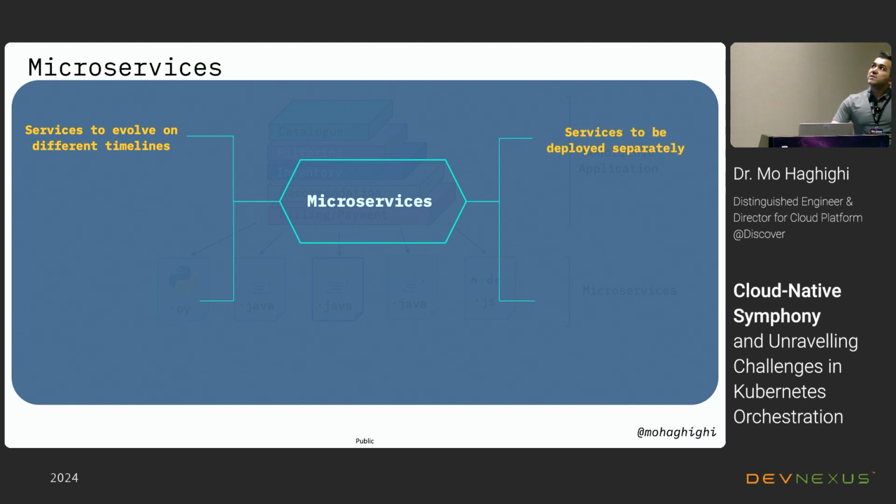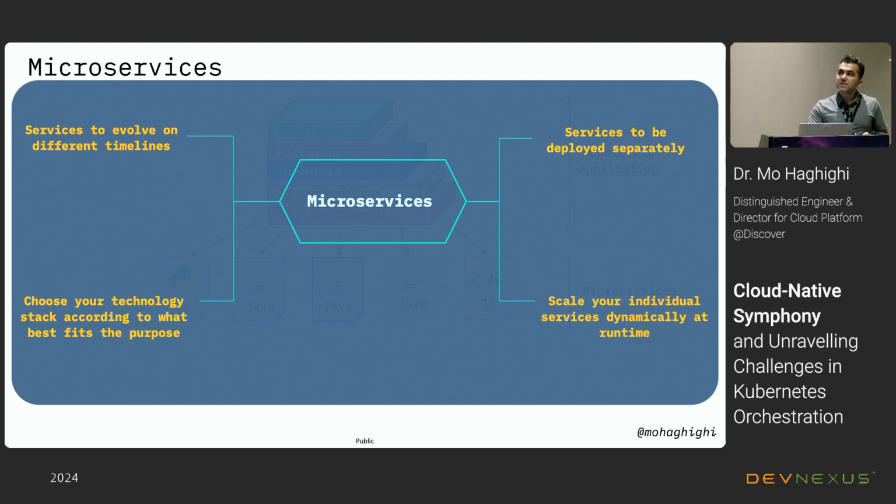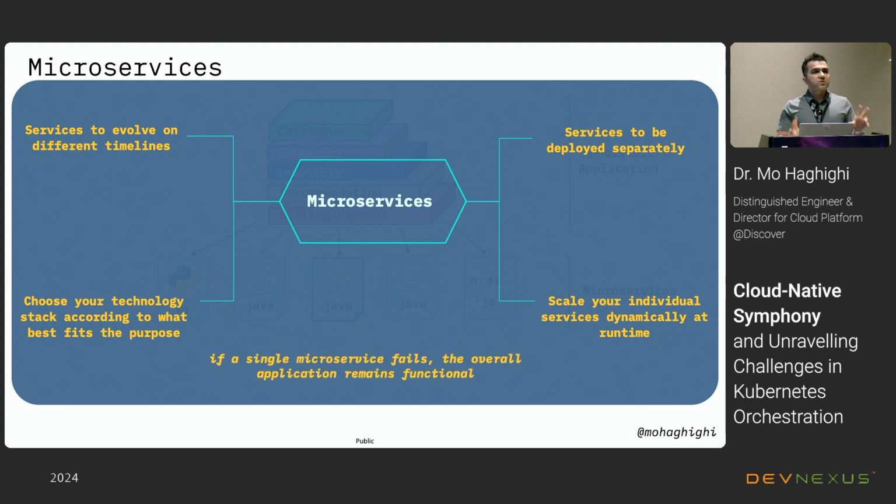Then services can be deployed separately. You can choose your technology stack according to what fits the purpose. And then you can scale your individual services dynamically. That was the first one that I mentioned. But the most important one, again, from site reliability engineering, SRE, is that if a single microservice fails, then the overall application remains functional. And that's quite important.